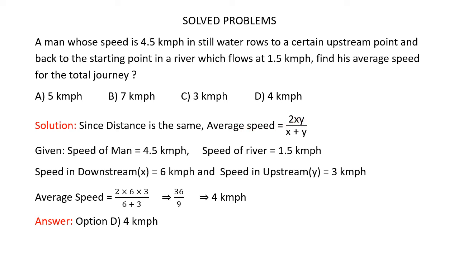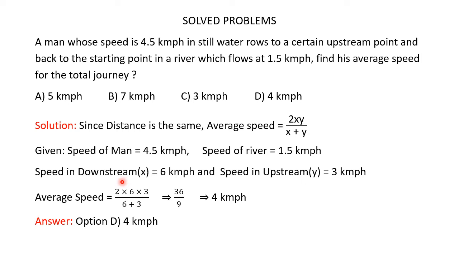Now it's given that the speed of the man in still water is 4.5 kilometers per hour. Speed of the river is 1.5 kilometers per hour. Now when the man goes downstream, his speed will be assisted by the speed of the river.